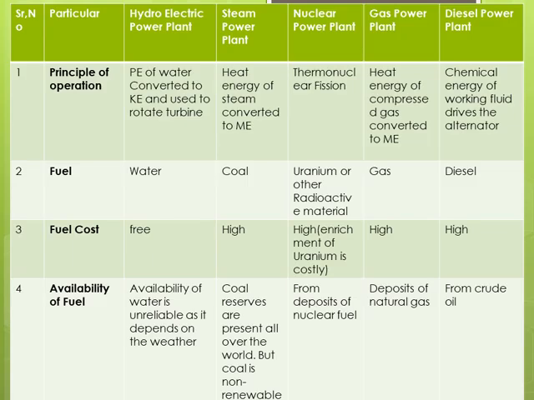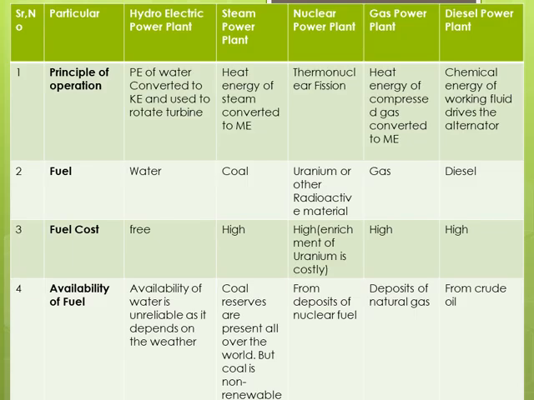Then the fuel used in hydro is water, coal for steam, uranium or other radioactive material for nuclear power plant. In gas power plants, it is natural gas or any other gas. In diesel power plant, it is diesel.